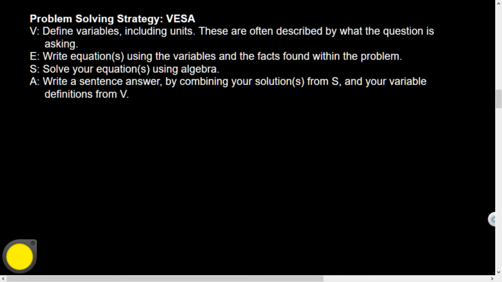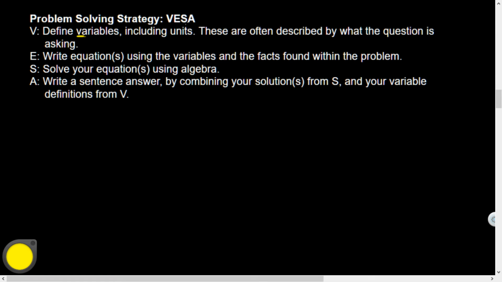The first thing we do for a word problem is define the variables, including units. Sometimes I'll have an x and a y or a t for time, whatever. I'm going to define variables after I read the word problem and try to figure out how I can set it up. And pro tip, your variables will often be whatever they're asking.